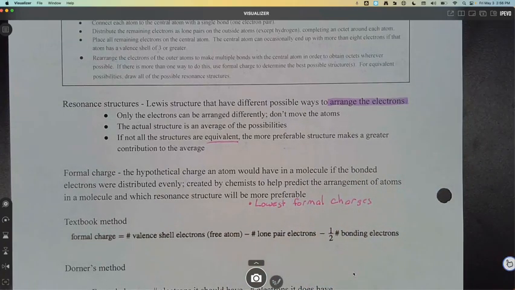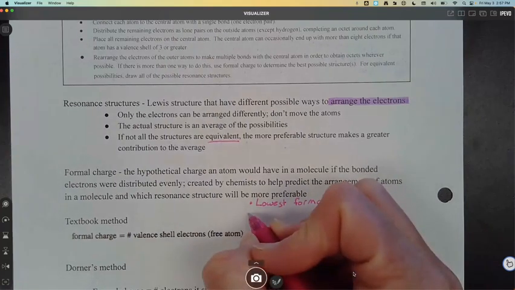So if you can create one where everybody has a formal charge of 0, that's better than creating a structure where one of them has a formal charge of -1, one of them has a formal charge of 0, and one of them has a formal charge of +1. So we want to try to get the formal charges to 0 if possible, and if we can't get them to 0, try to get them as low as possible. Formal charges of like +3, -3, not good. We want to try to rearrange the electrons to make that not happen.